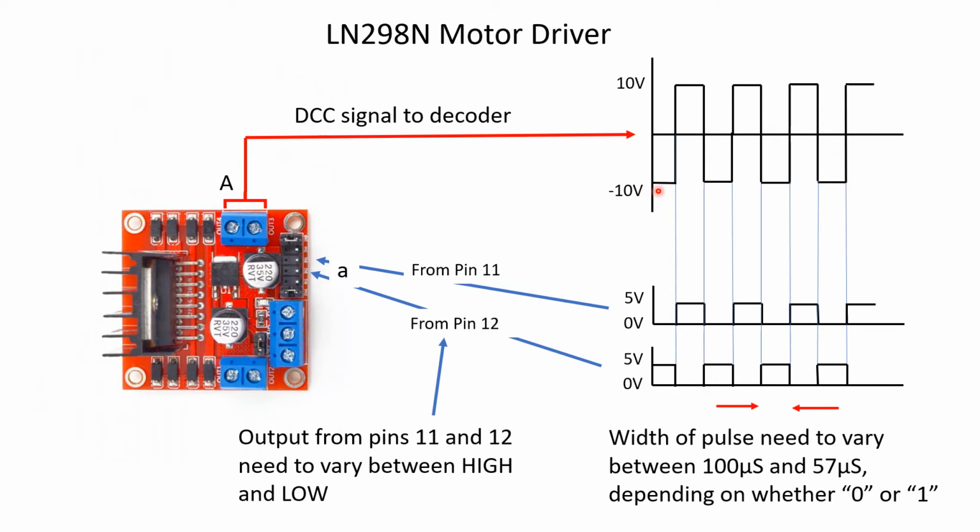And to transmit 0s and 1s from connector A, we need to input into these two pins here either logical 0s or logical 1s with the correct pulse width of 100 microseconds or 57 microseconds, depending on whether you want 0 or 1 DCC signals.